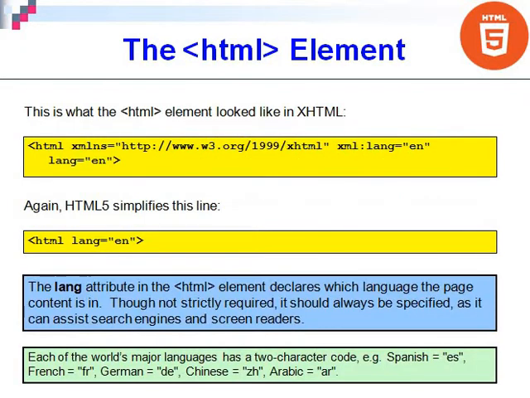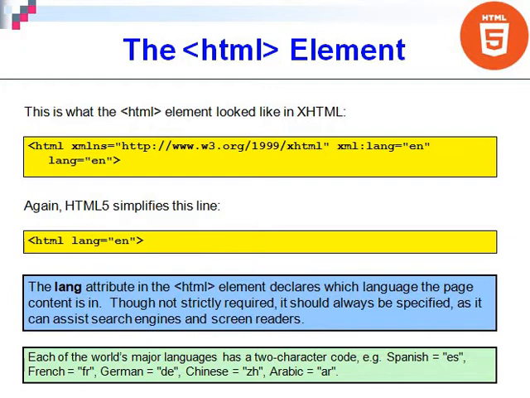The HTML element. In XHTML, the previous version of HTML5, the tag is like this: html xmlns, http something, etc. In HTML5, it simplifies as html lang equals en.